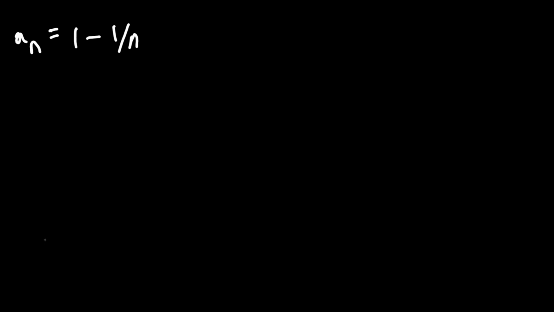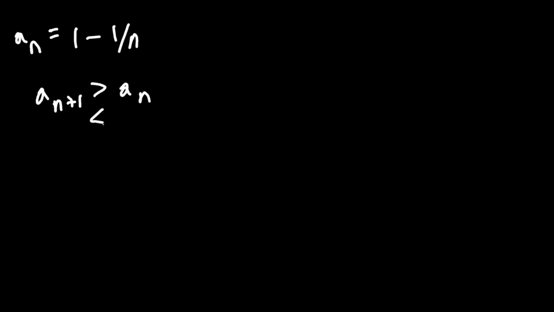So if we look at the monotonicity of this sequence right here, we have to relate the n plus 1th term of the sequence to the nth term of the sequence, and it has to be either an increasing function or a decreasing function. And it has to always be like this. So this has to be true for all n.